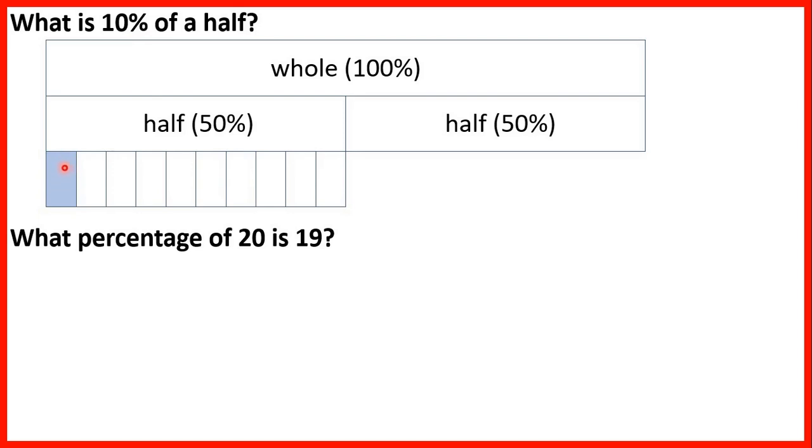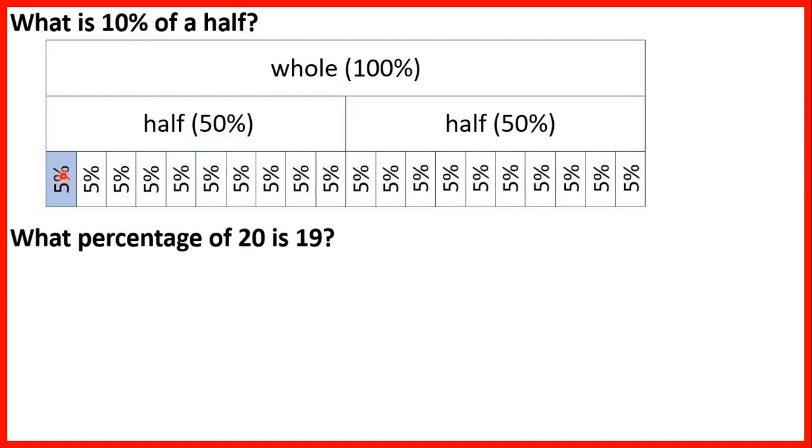So we need to find 1/10 of 50. That's 5 because if we have 5% 10 times, that gives us 50%. So 10% of a half is 5% because 1/10 of 50% is 5%.